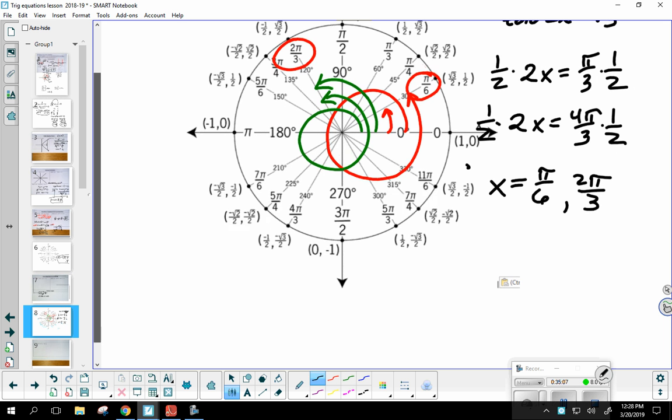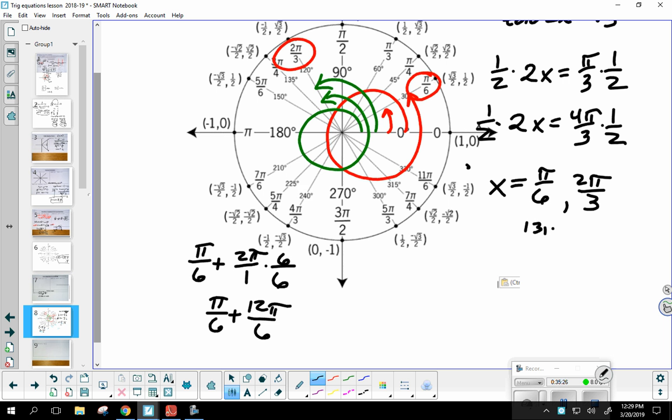So what is pi over 6 plus 2 pi? What's the common denominator? 6. So this would be pi over 6 plus, I'm giving you the answer, 12 pi over 6. And what's that? So we also know 13 pi over 6. Can anybody help me out with the other one?